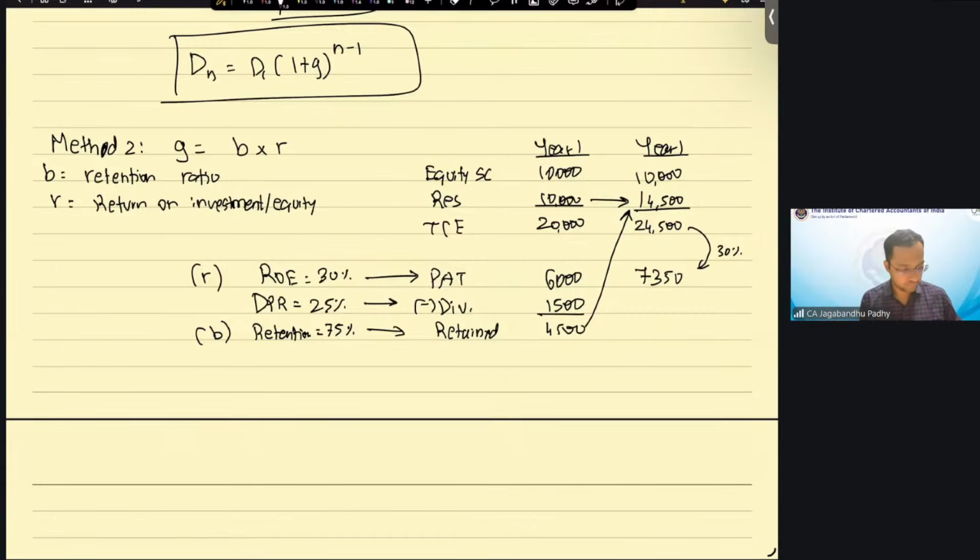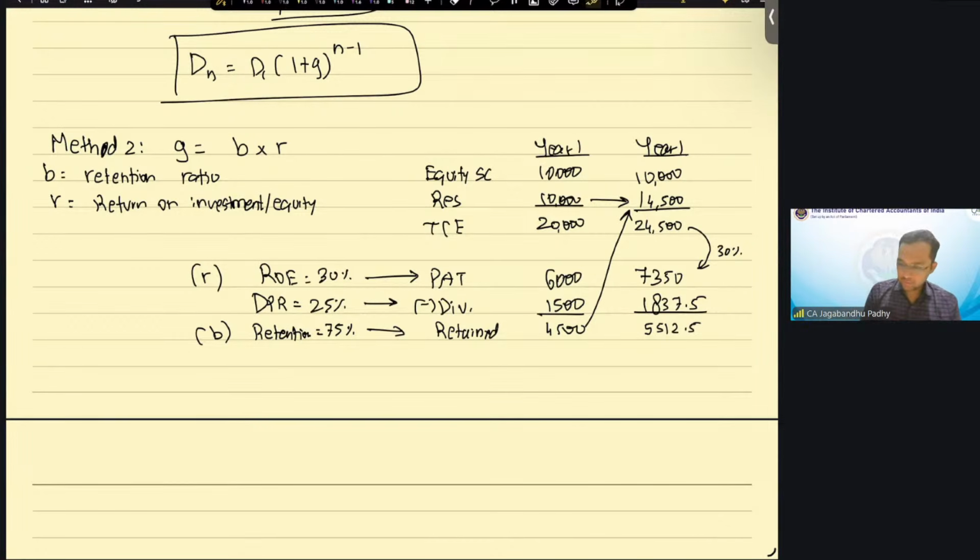So 7,350 into 25% is 1837.5. And what is the amount of retained earnings? You are left with 7,350 minus 1837.5, which is 5,512.5.